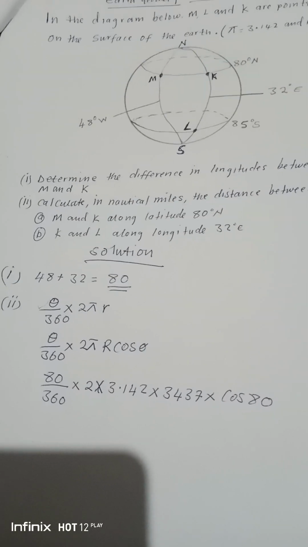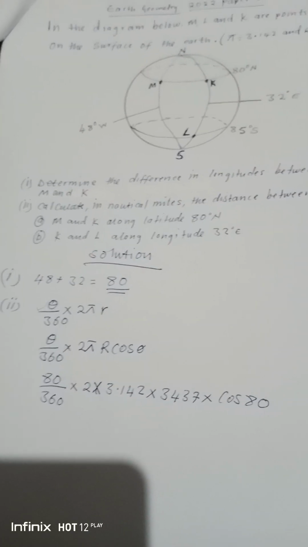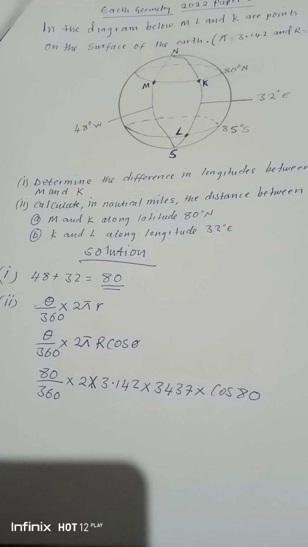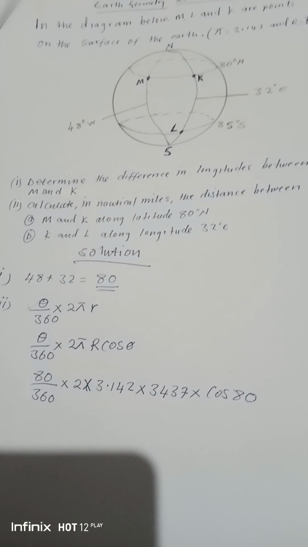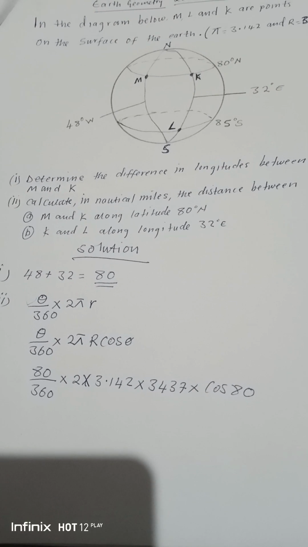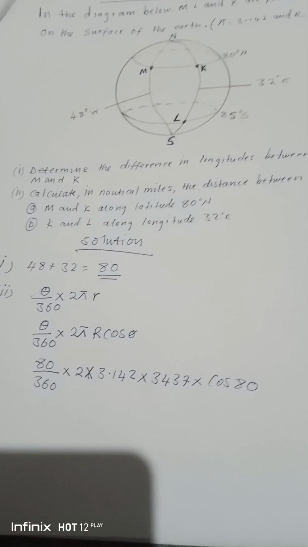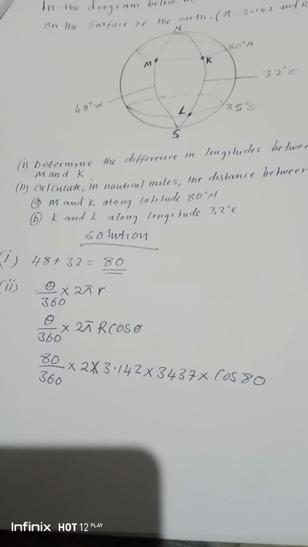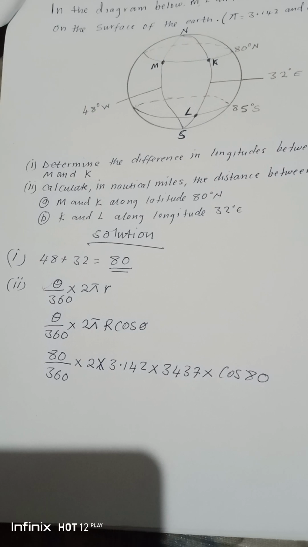So we are going to say 80 divided by 360, then times 2, times 3.142, then times 3437, then times cos 80.